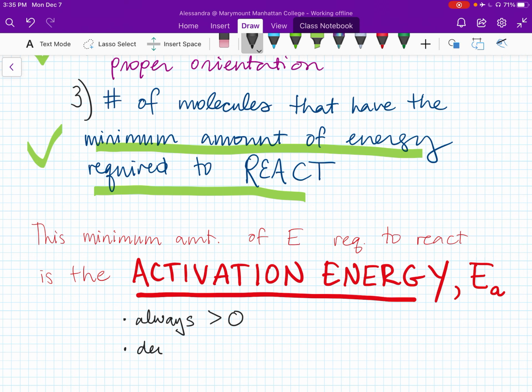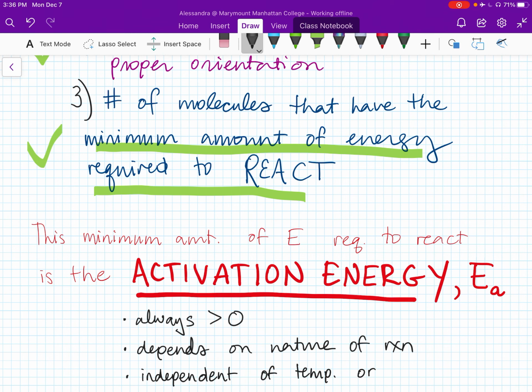The activation energy depends on the nature of the reaction. Every reaction is going to have its own unique activation energy. And one interesting thing about activation energy is that temperature does not affect it. It's independent of temperature. It's independent of the concentration of the reactants that we start out with. Okay, depends on what they are, but not how much of them there are.